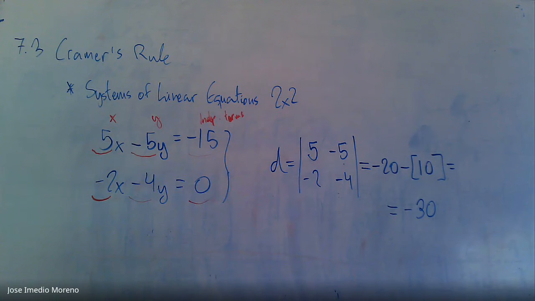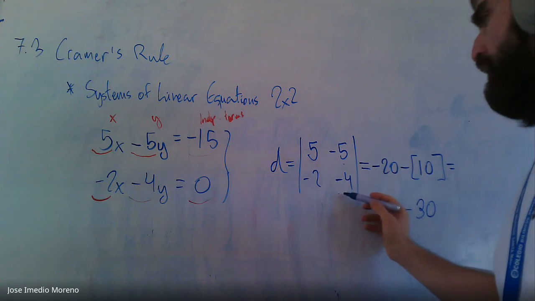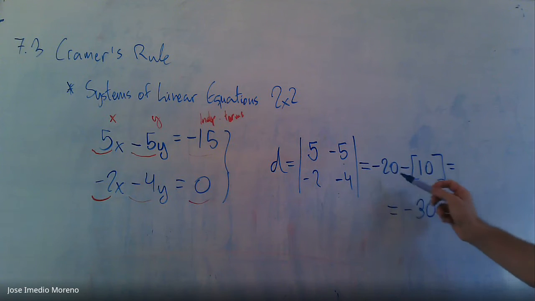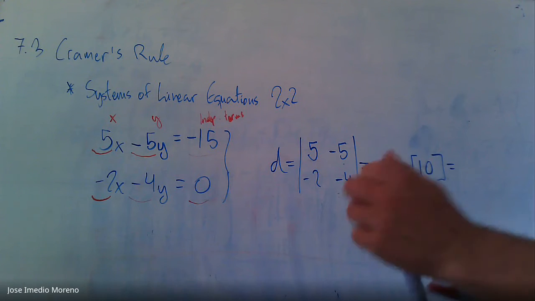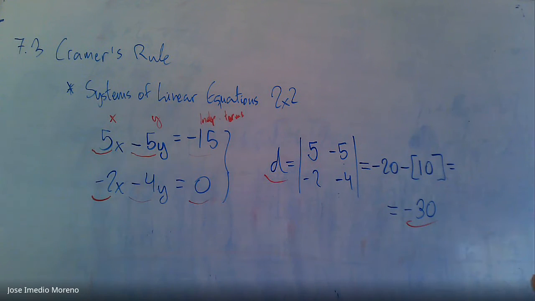Okay, 5 times minus 4 is minus 20, minus 10, minus 30. Good. This is the value of the determinant D.